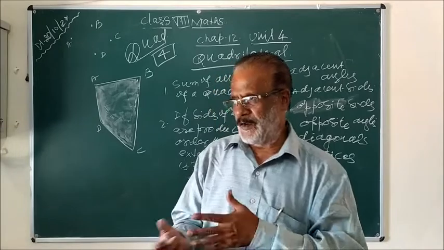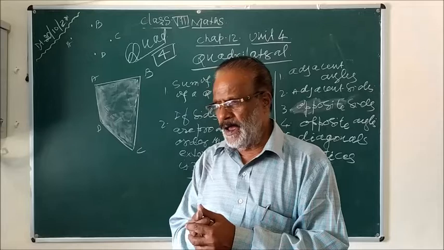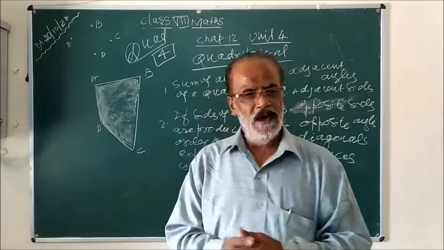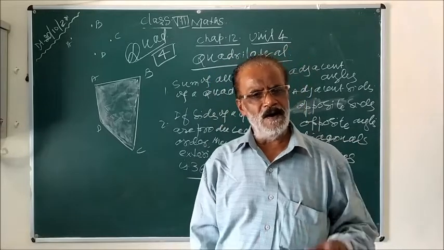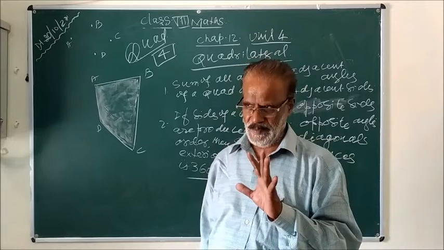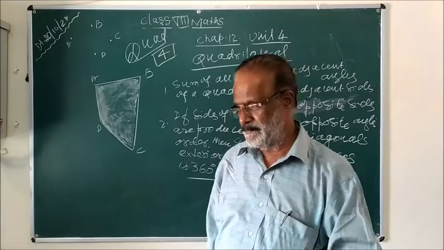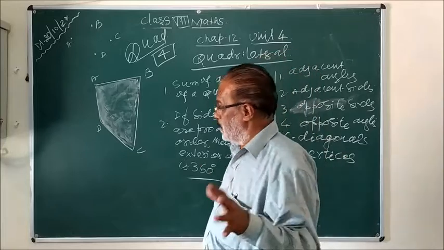If points are not in a straight line, in other words, if we join these points, we are not getting a straight line, another figure will be formed. So that is called non-collinear.